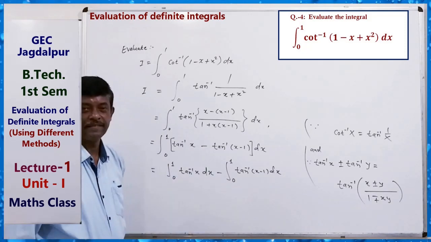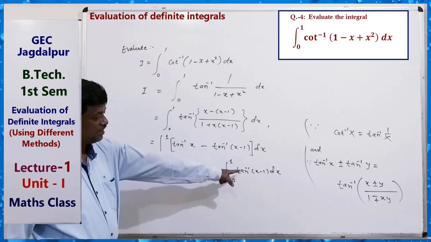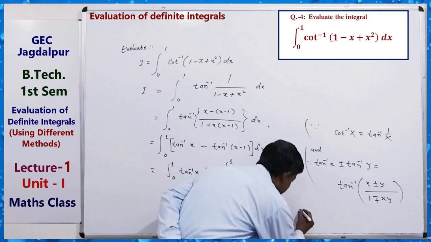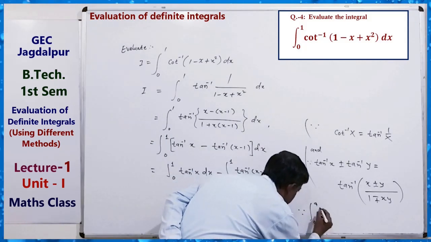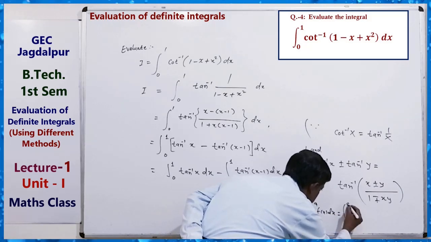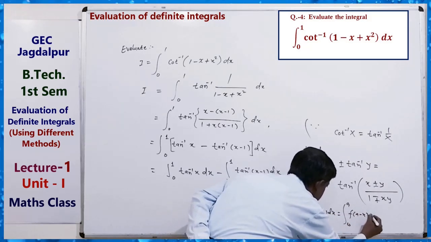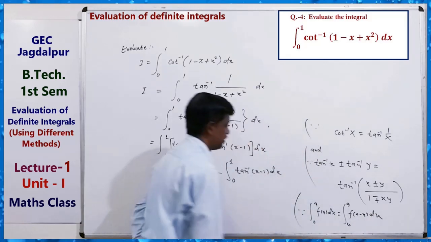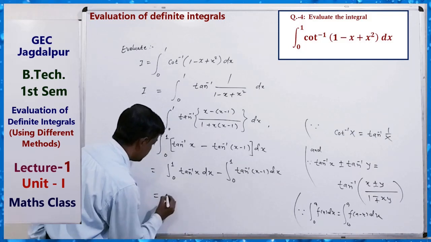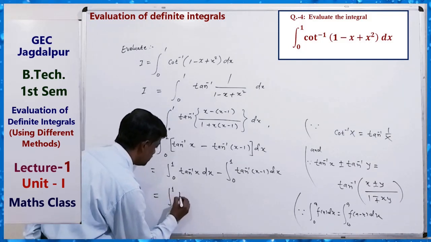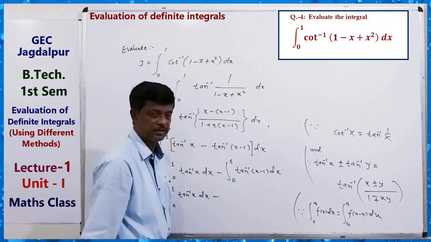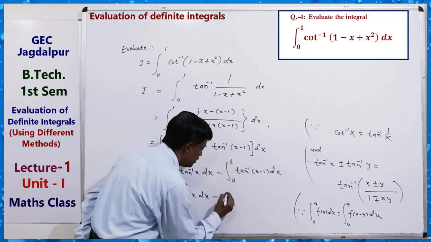Also here, it can be written by using the property that integral from 0 to a of f(x) dx equals integral from 0 to a of f(a minus x) dx. Use this here. Here, 0 to 1 tan inverse x dx minus here 0 to a.